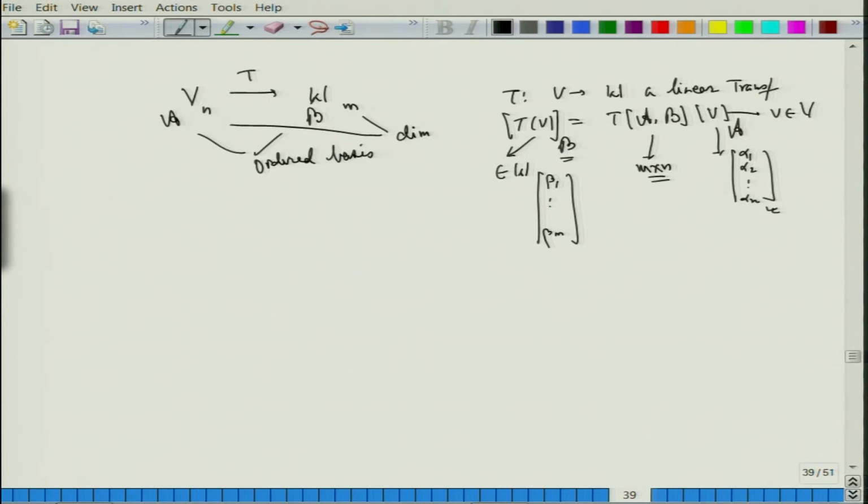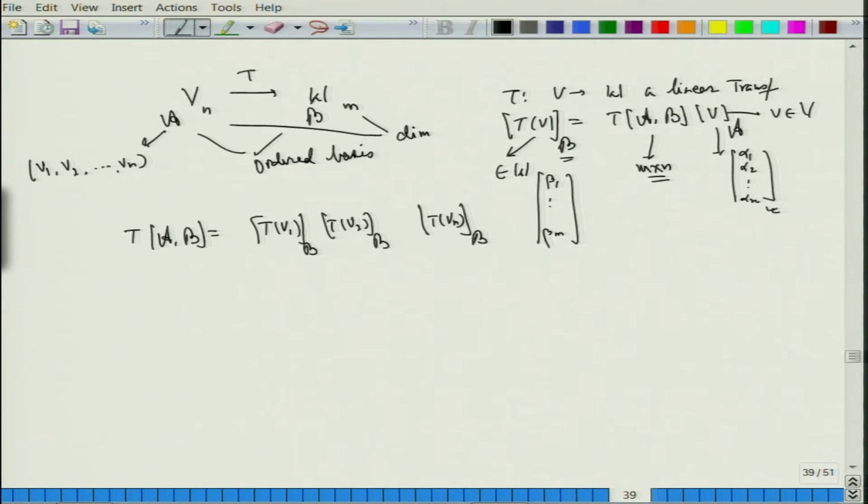That was the idea that we had, and here if I look at T of AB, T of AB was achieved as, so look at this has a basis, so we wrote it as V1, V2, Vn ordered basis. Then we have to compute T of V1, T of V2, T of Vn, and then we have to write them with respect to the basis B because they are elements of W. Is that okay?